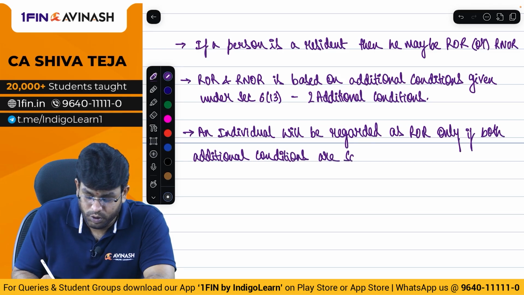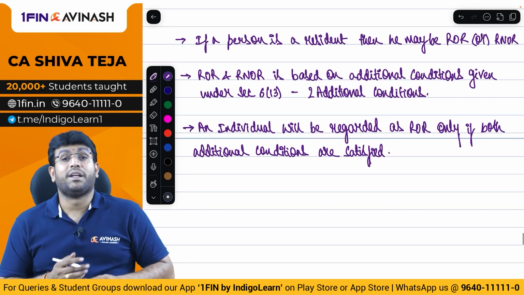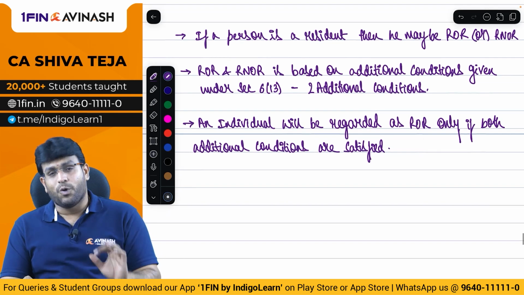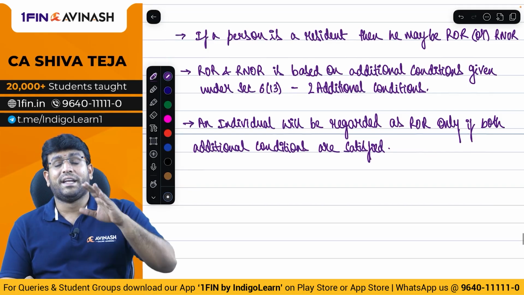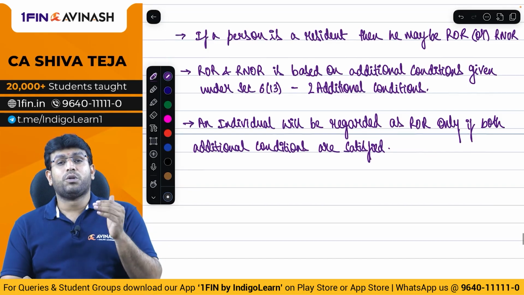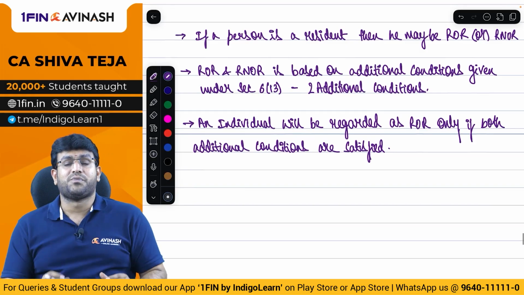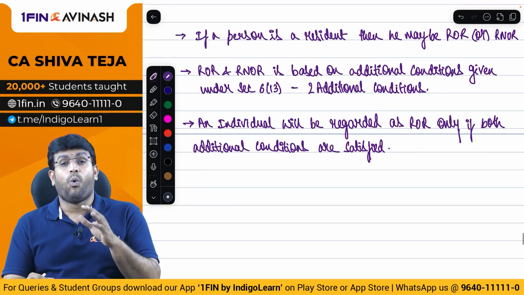Only if both additional conditions are satisfied. Are we getting clarity, my dear friends? What is that line I just wrote? An individual will be regarded as ROR, that is resident and ordinarily resident, only if both additional conditions are satisfied. So if both the additional conditions are satisfied, we will treat him as ROR.